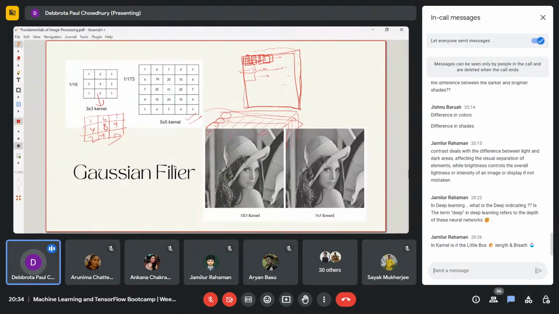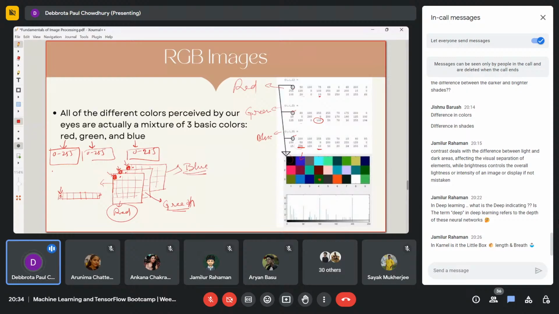In the first channel you apply this, in the second channel you apply this, in the third channel also you apply this, and then summarize, find the summation of those, and you'll get a colored image. After processing also you'll get another colored image. So whatever processing you use for grayscale, the same thing you can apply to a colored image as well.